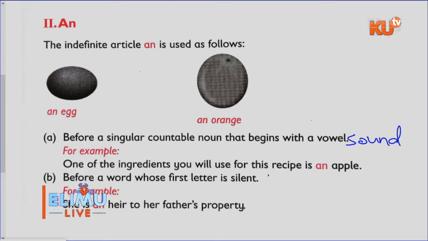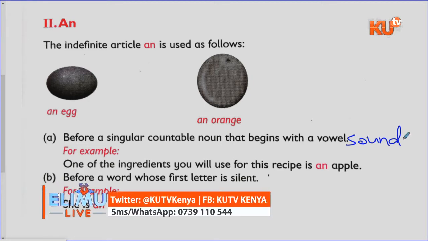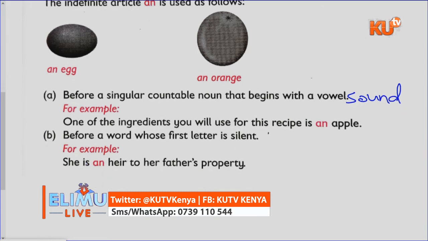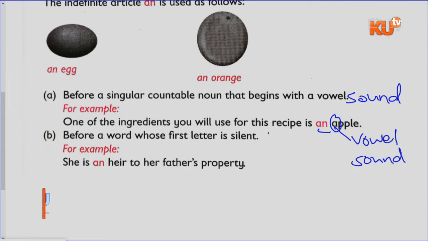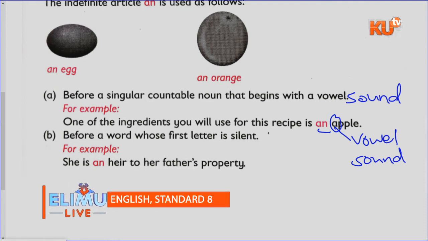An example, one of the ingredients you will use for this recipe is an apple. So apple there starts with a vowel sound. Second is before a word whose first letter is silent. For example, she is an heir to her father's property.